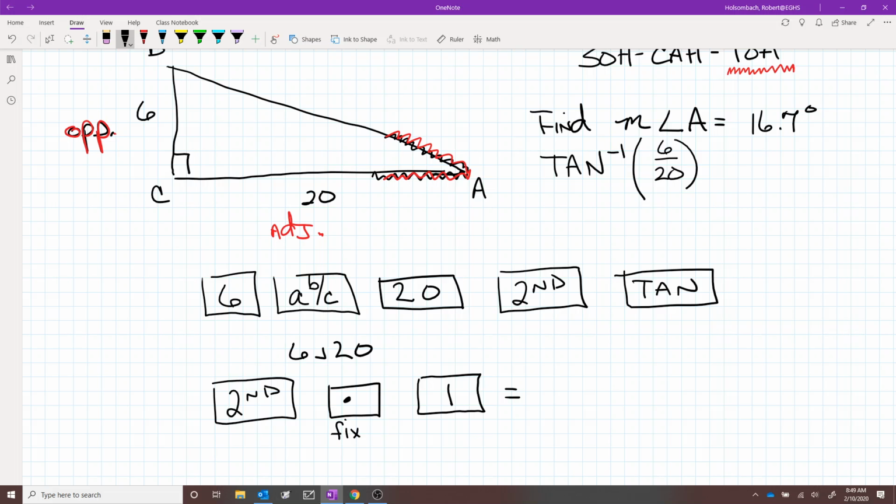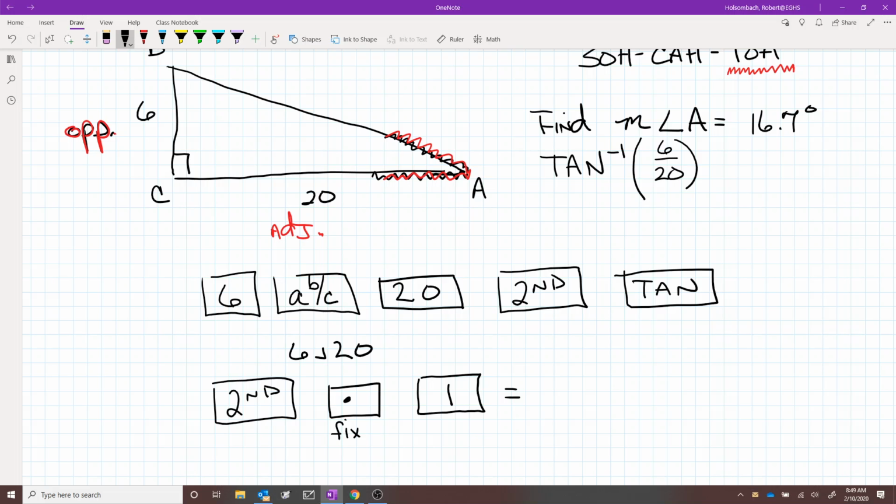By hitting second fix 1, you're rounding everything 1 decimal place or to the nearest tenth. If you're asked to round to the nearest hundredth, you could push second fix 2, and on your calculator, it adds another 0, so it rounds a second decimal place. So when you're reading the directions for an assignment and they tell you how to round, just set your calculator to that and the calculator can do all the rounding for you.